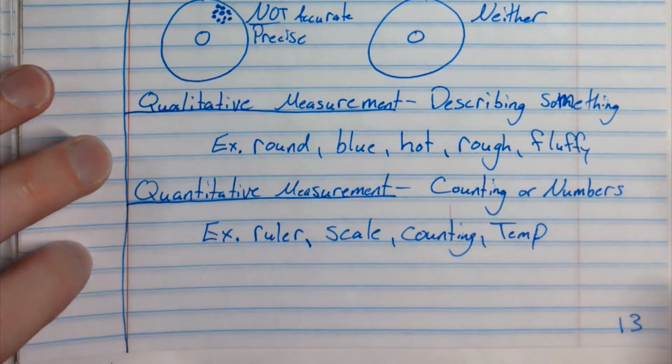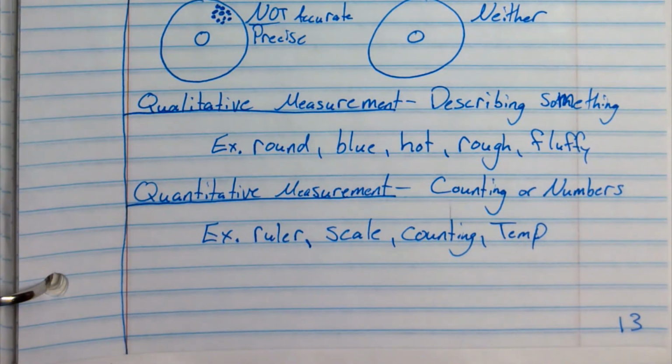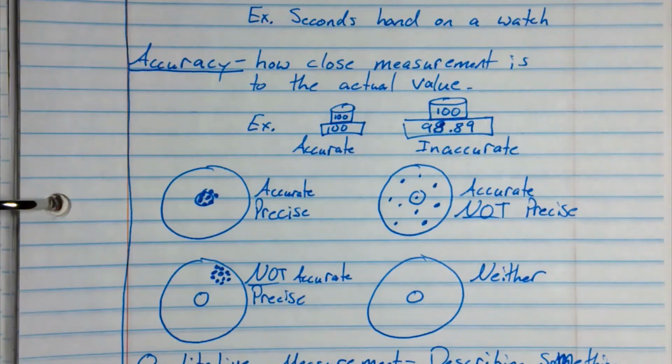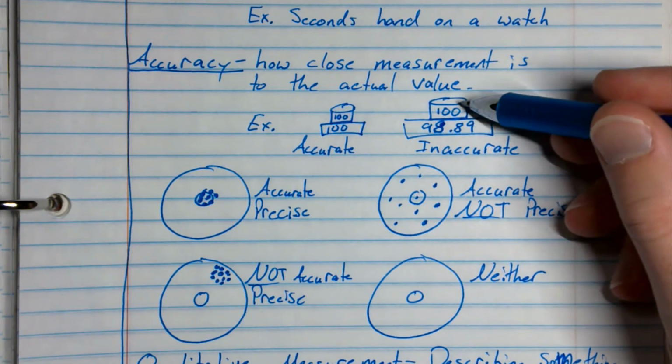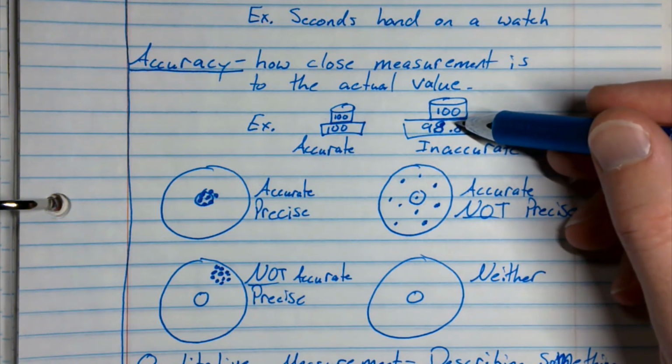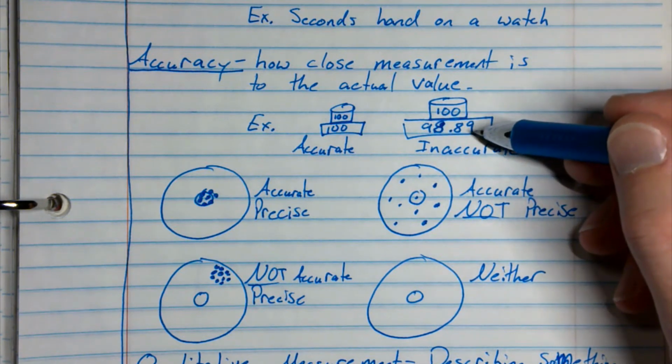So we'll have those. And then the final thing that we really need to look at is bias. And so bias is that built-in error. So we saw that first scale up here, and it was off by a certain amount. And it's probably off every single time by this amount.